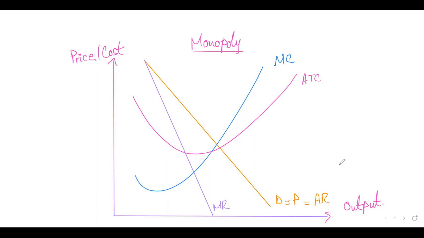Think again. At what output level does the firm maximize its profit? Do you remember we talked about this? So what is the profit maximization quantity? What criteria does a firm need to fulfill? At what output level should it produce, in simple words, so that it maximizes its profit?